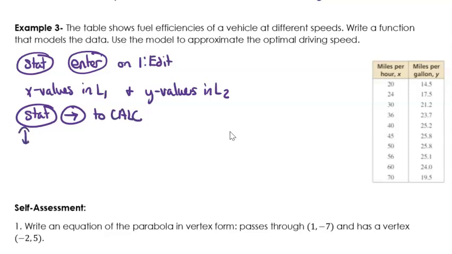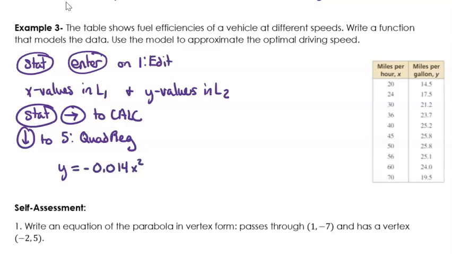And then we went down to the fifth one that was quadratic regression because we're making a quadratic equation. So it's quadratic and then regression. All right, and we got y equals, our A was negative 0.14 x squared. Our B was plus 1.37 x, and then our C was minus 7.1.